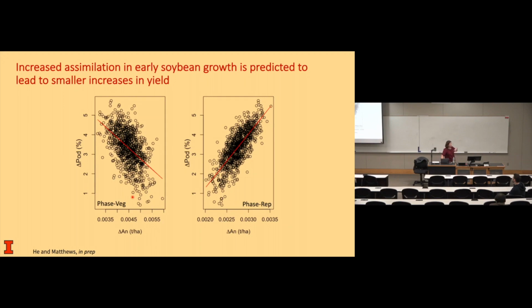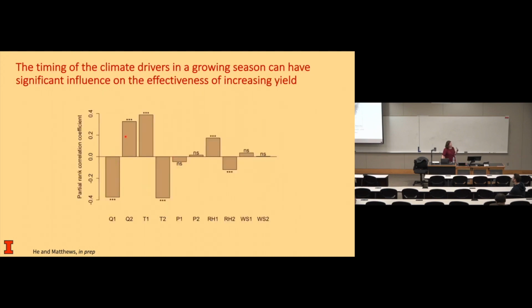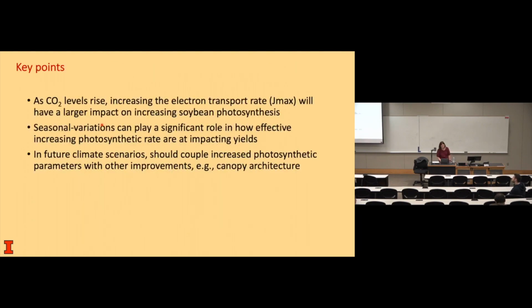Looking at how things change at different times in the growing season, we found correlations, particularly with sunlight and temperature, as well as humidity, that influence how well improving photosynthetic rates will lead to actual increases in yield.